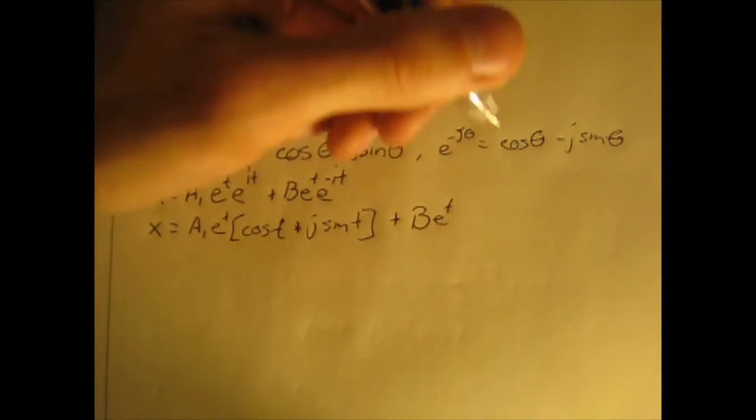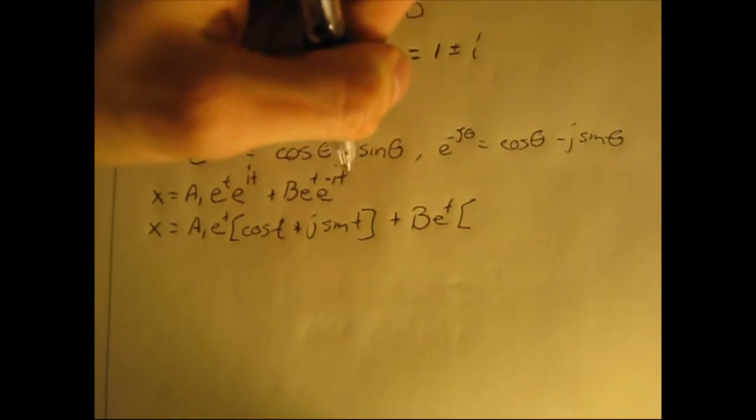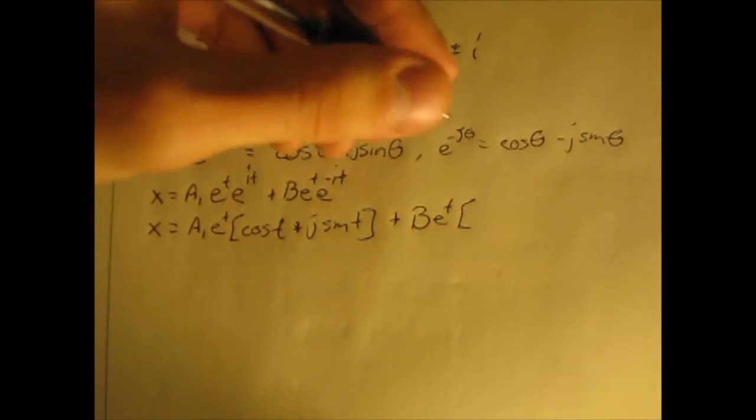And then similarly for the b term, we have b e to the t times cosine t minus j sine t.